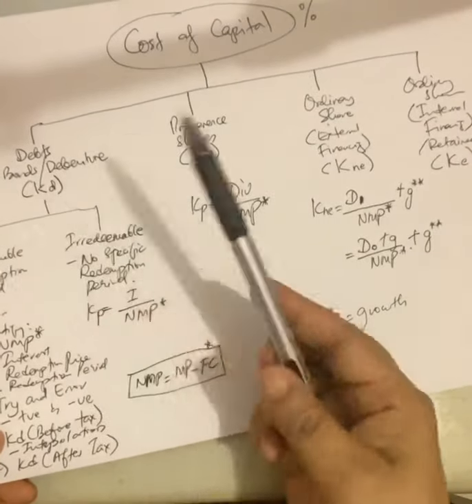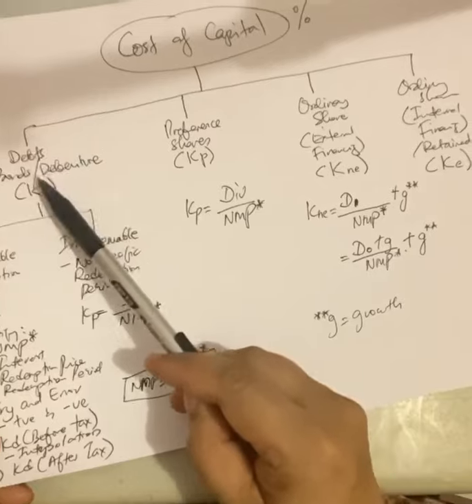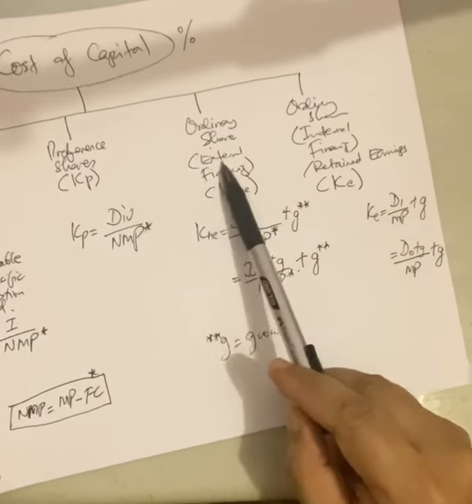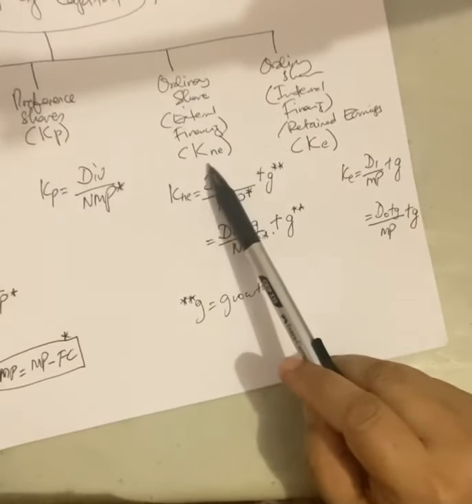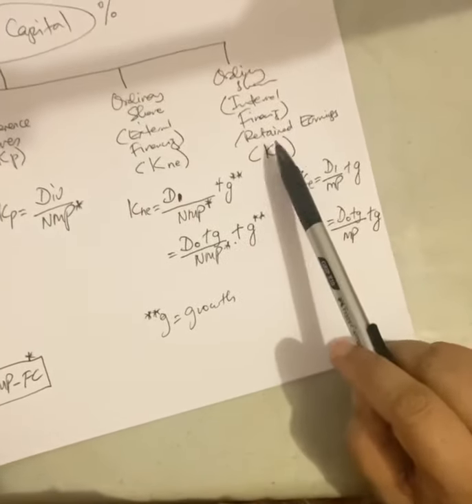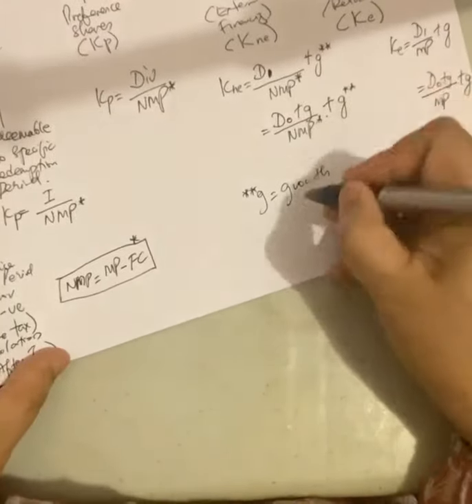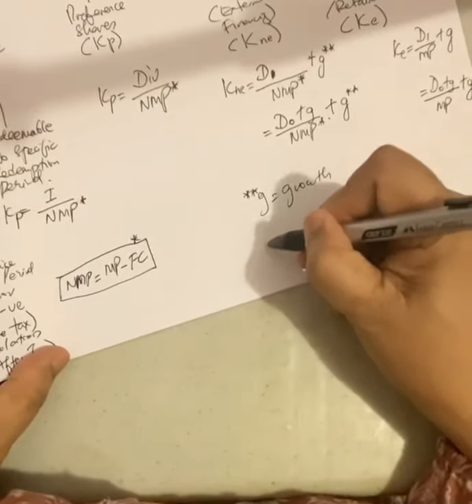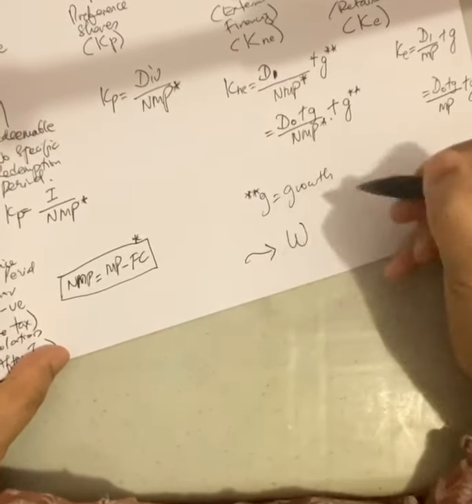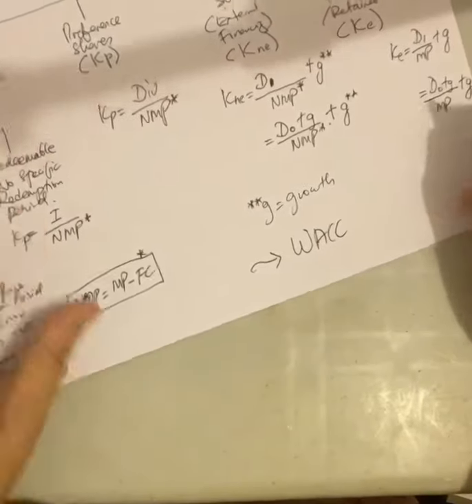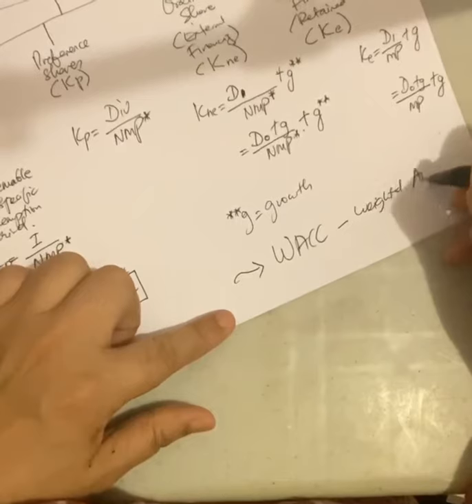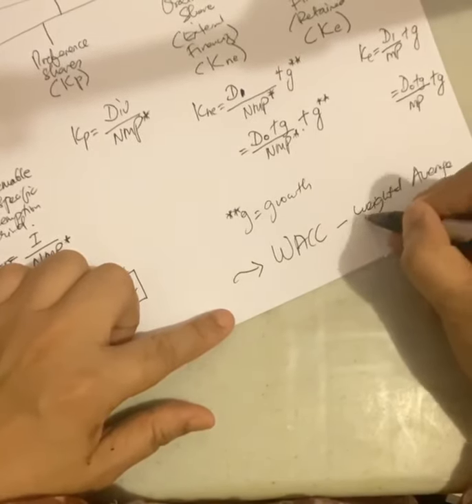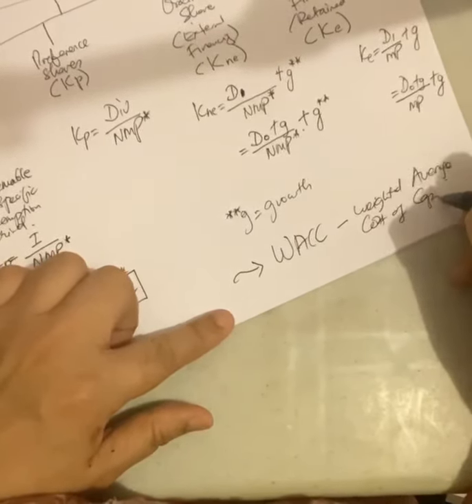So basically we have cost of debt, cost of preference shares, cost of ordinary shares for new issuance of ordinary share, and also the use of retained earnings. And then the step after that, you prepare the WACC. WACC is the weighted average cost of capital.